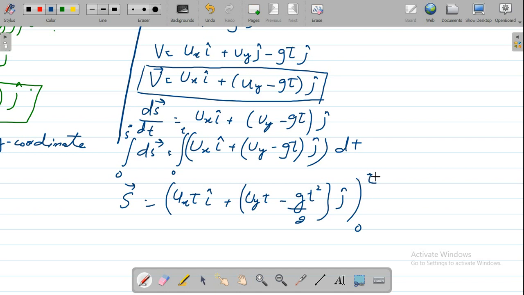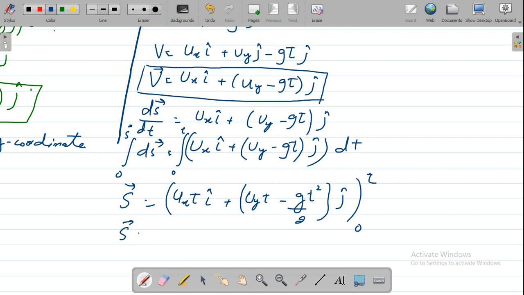So if we substitute the value of t here, then minus the value when we substitute 0 for t, it will become 0, so t minus 0 will be the same: uxt i cap plus uyt minus g by 2 t square j cap.